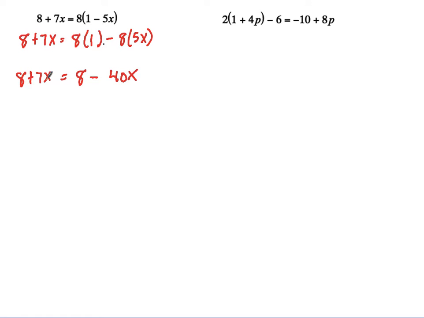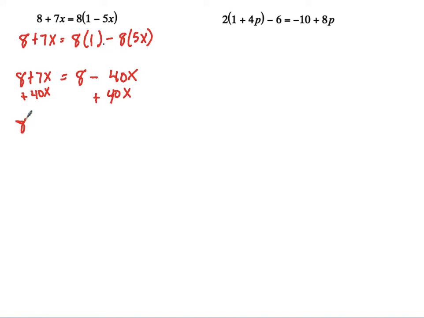Well, now let's look at what we've got. We've got the same numbers on both sides, but I have different variable terms. This is back to that standard question that I usually ask when we do multi-step equations: would I rather subtract 7x or add 40x? Well, I'd rather add than subtract any day. So we're going to add 40x.